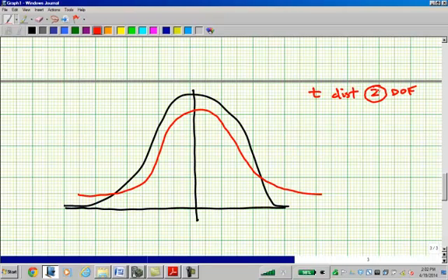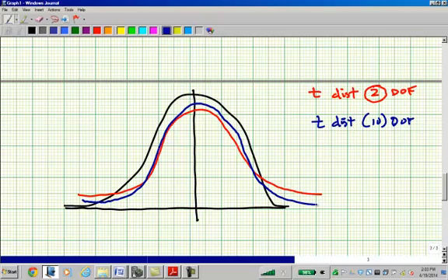Okay, now, suppose we have a t-distribution of 10 degrees of freedom. Then it will look like this. The tail will be shorter, and the mound will be taller, but it still won't be normal.